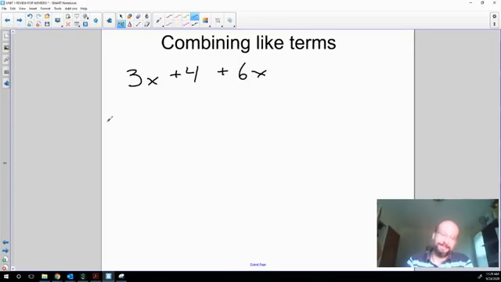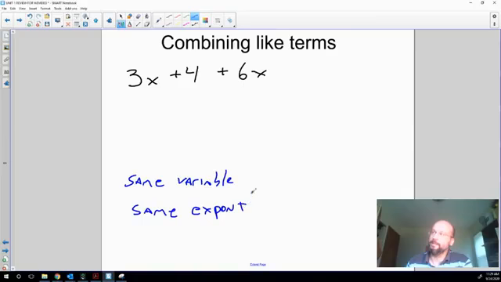So now we're at combining like terms, where the terms have the same variable and the same exponent, you can combine them. For this one, it's pretty easy. 3x plus 4 plus 6x. This has an x and this has an x, so you can combine them.